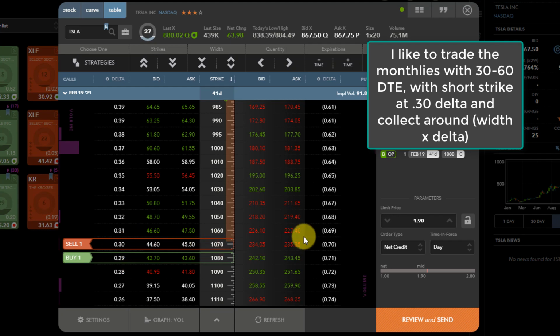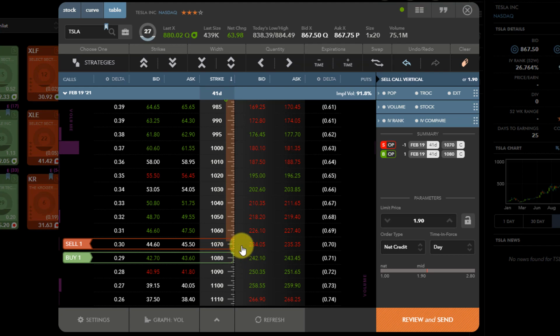The rule of thumb is, in this situation there's only $10 wide spreads, you would take that, so $1,000, and multiply it by the delta. If you can collect around $300, you're not, in my opinion, getting ripped off, or you got a relatively decent fill. So that's my rule of thumb. If you can collect more than that, that's great, but that's what I use as a proxy.